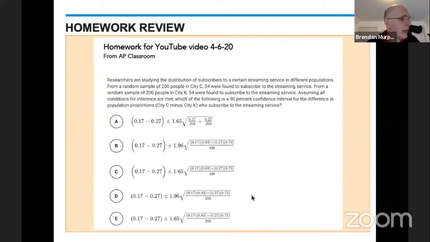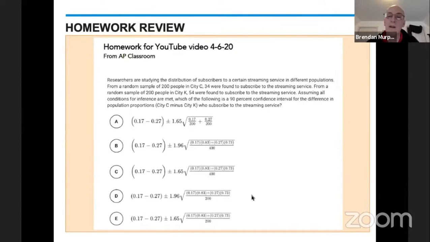From a random sample of 200 people in city C, 34 were found to subscribe to the streaming service. From a random sample of 200 people in city K, 54 were found to subscribe to the streaming service. So there's some numbers. Sort of feels like 2 samples to me, but let's keep reading. Assuming all the conditions for inference are met.